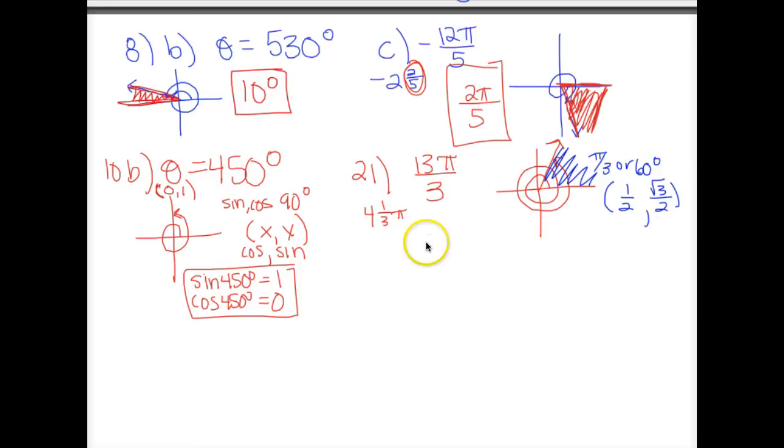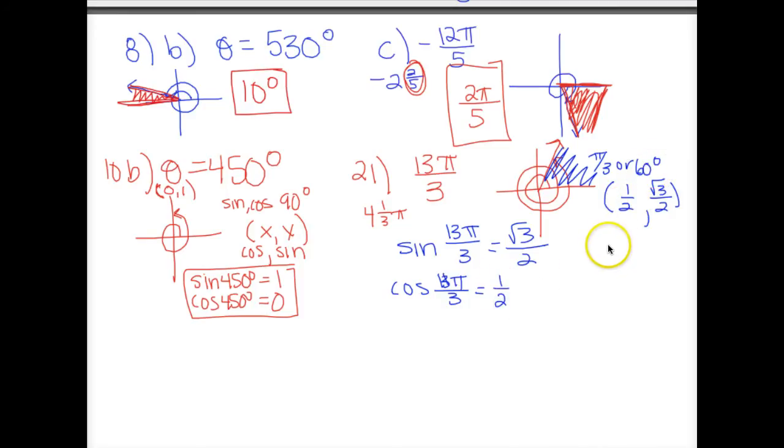So the sine of 13 pi over 3 is the same as the sine of 60 degrees. Sine is the y-coordinate, so it's radical 3 over 2. The cosine of 13 pi over 3, again, is the same as 60 degrees, which is 1/2.